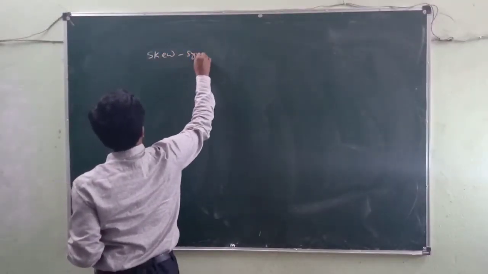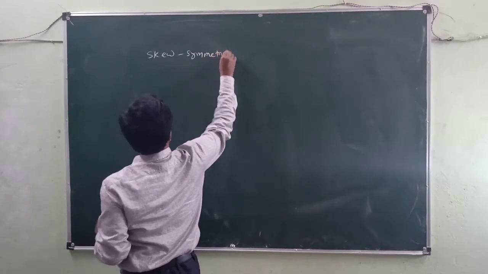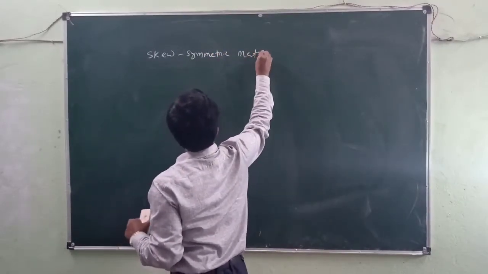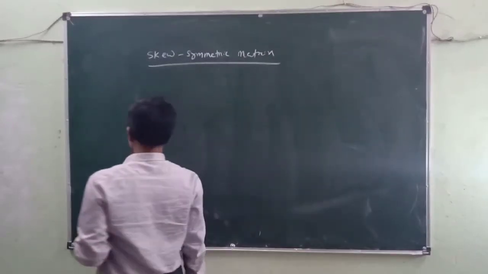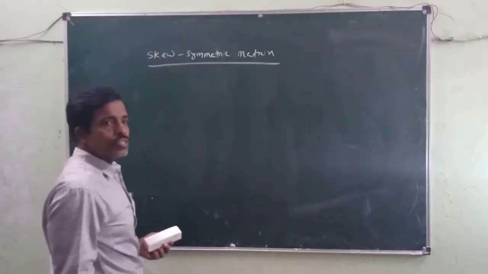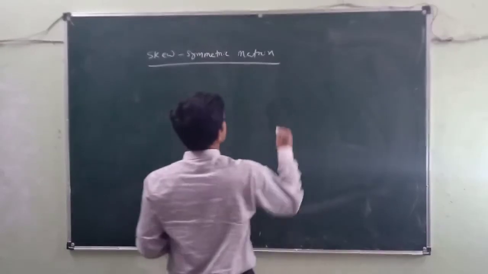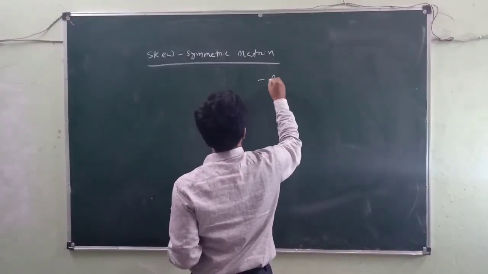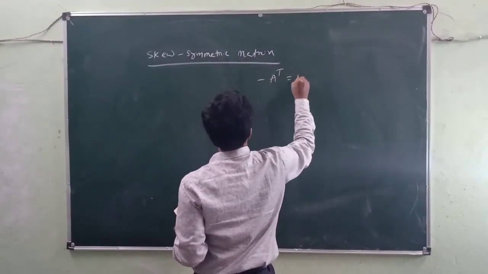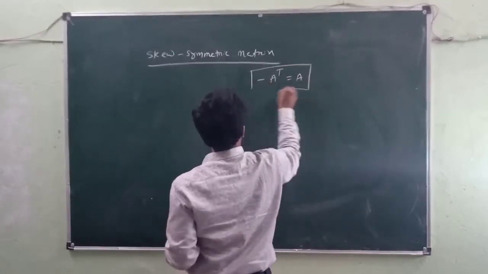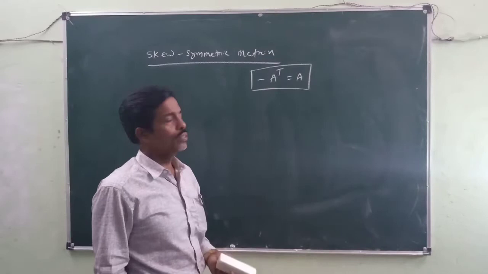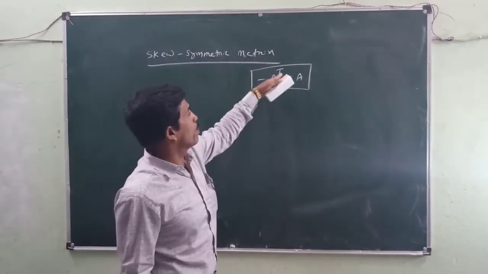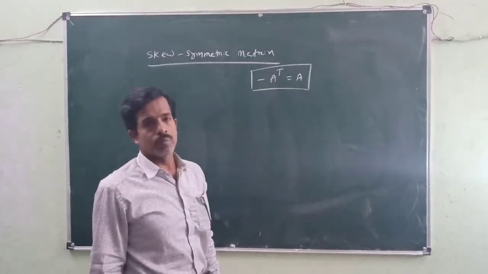Any square matrix is called skew symmetric when minus of A transpose equals that matrix.